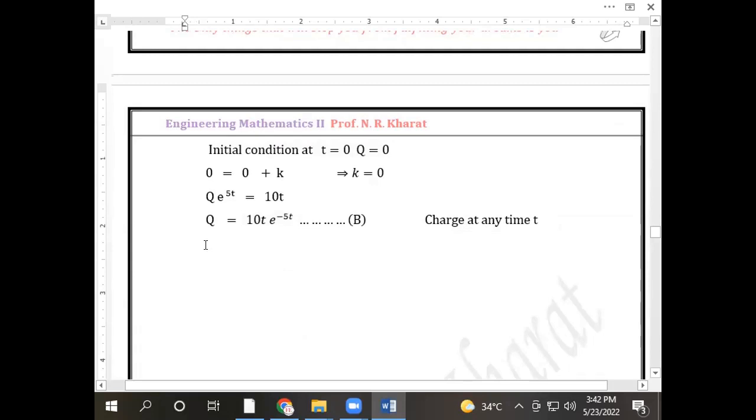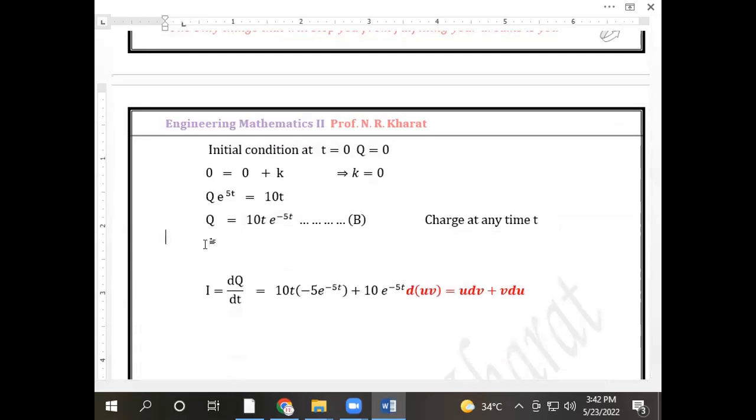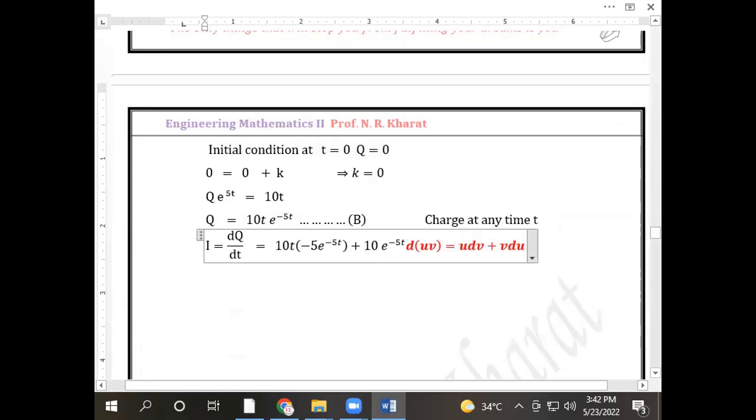We also require the current, so we differentiate this q with respect to t. The right hand side contains two functions of t, so we have to differentiate it by the u into v rule.